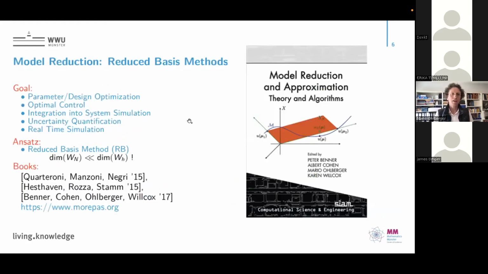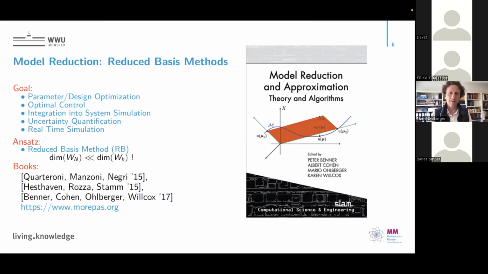So I want to start with this slide on model order reduction, and the hint that in this business of reduced basis methods, there are meanwhile at least 3 standard books available where you find a lot of details on this classical approach of projection-based model order reduction.